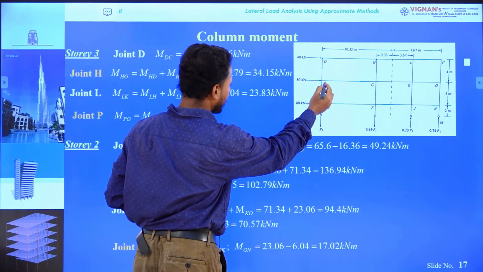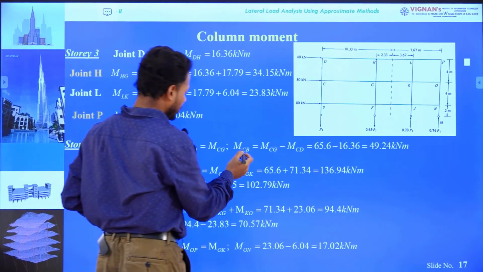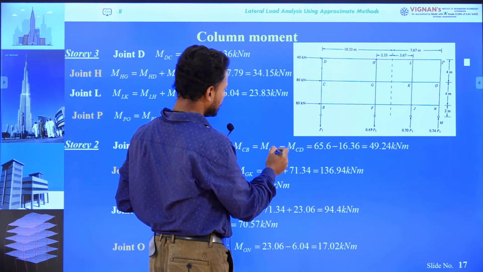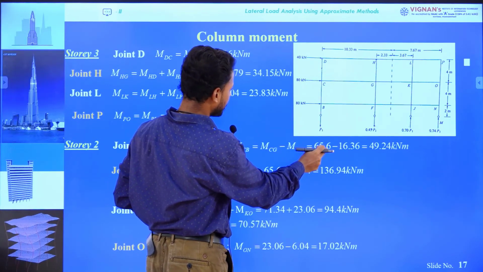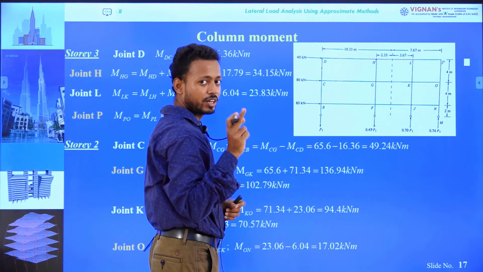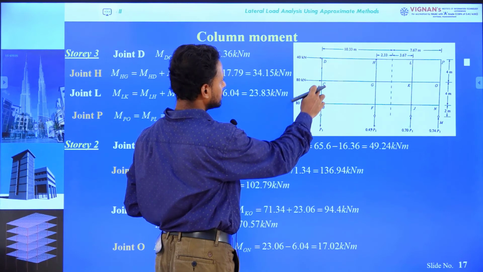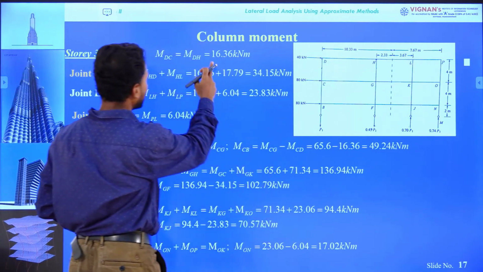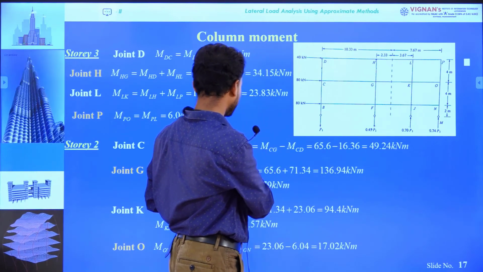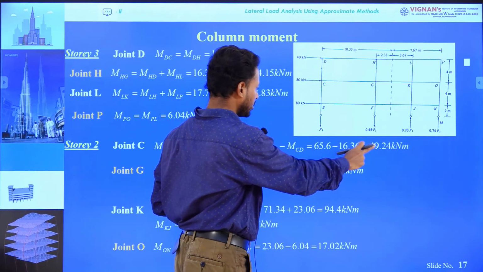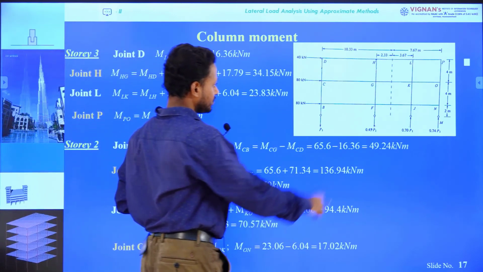So, the column moment of CB equals MCG minus MCD. We know MCG is 65.6, previously calculated in the earlier slide, minus MCD, that is 16.36. So put it and you will get MCB equals 49.24.